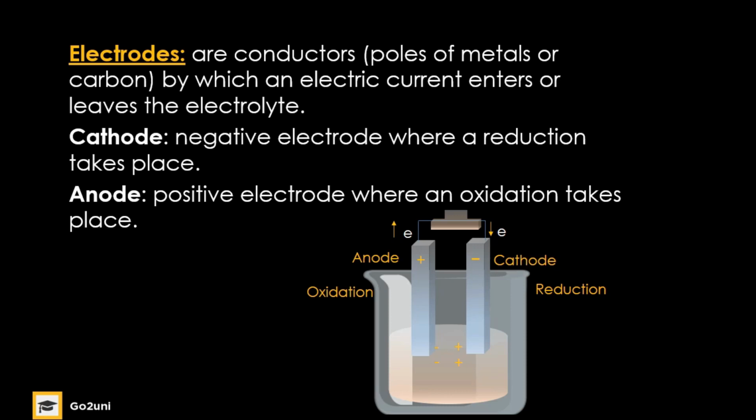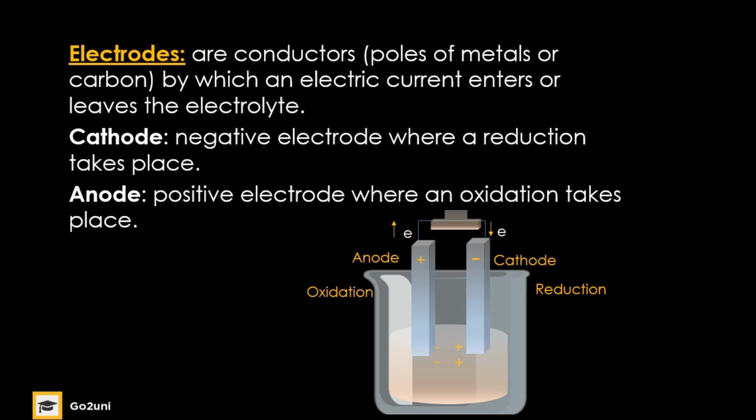These are the features of an electrolytic cell generally, as we can see displayed on the screen. We can create an electrolytic cell by simply having an electrolyte in a beaker, with two metallic rods dipped into the beaker containing the electrolyte, and then the rods are connected to a source of electricity, maybe the mains on the wall or a DC current.